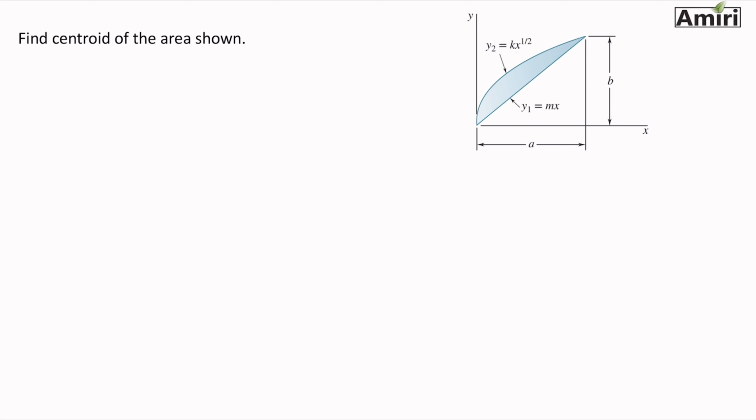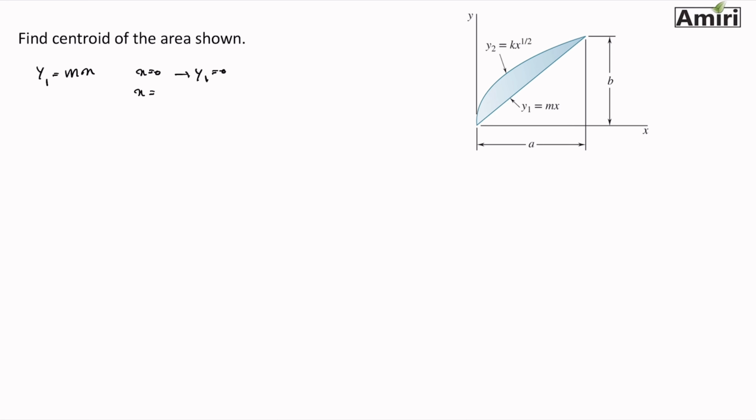Let's just start with finding k and m in this figure. So let's look at the first function, y1 equals mx. When x equals 0, y1 is 0.